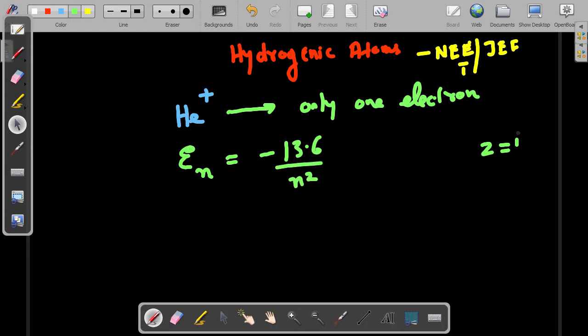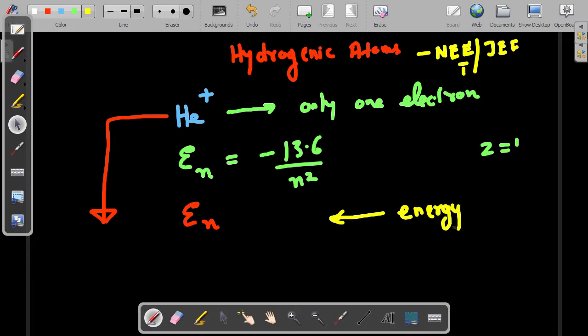And when you are talking about a hydrogen-like atom, which is helium, for example, now you have to take the atomic number. But remember, you need to do something called energy scaling.